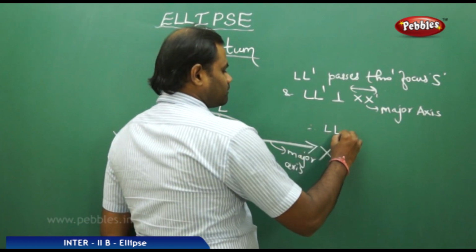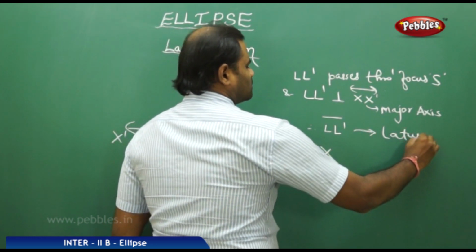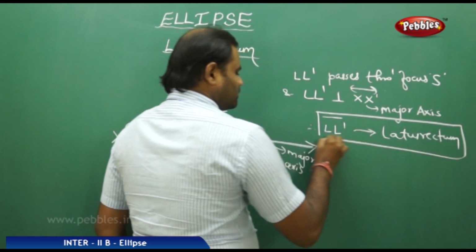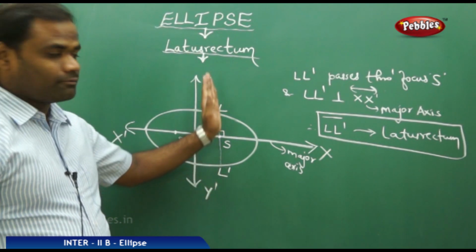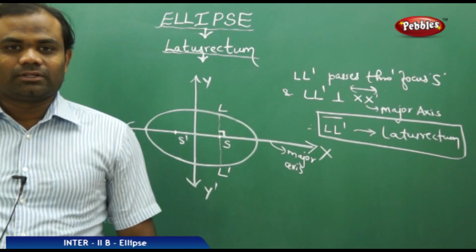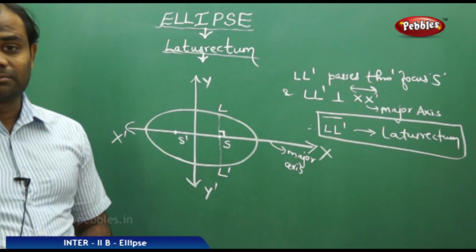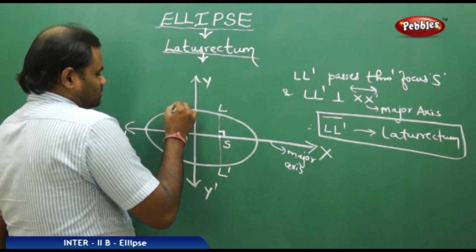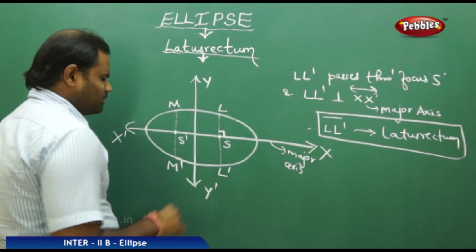Therefore, LL dash is latus rectum. This is how we define the latus rectum, which is a focal chord which passes through focus and which is perpendicular to major axis. So this is the condition which makes the focal chord to be latus rectum. So there are two latus rectums for ellipse. One is LL dash and the other is MM dash.